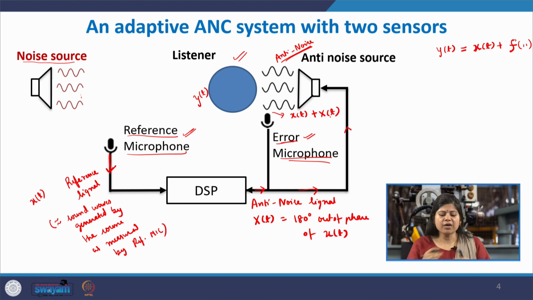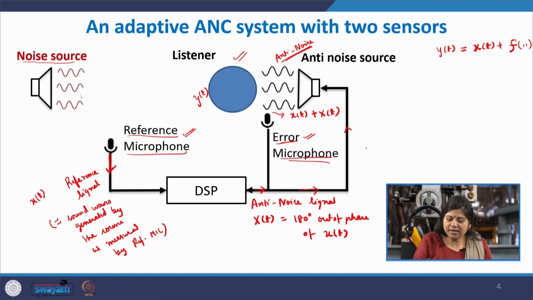Now, suppose there was perfect out of phase, suppose there was no distortion, and whatever signal was measured at the reference microphone, exactly that same signal reached the listener's ear. Then xt plus capital Xt, given everything can be represented as a sinusoidal wave, would ultimately cancel each other out, because it is just the opposite of the previous signal and we should get 0.